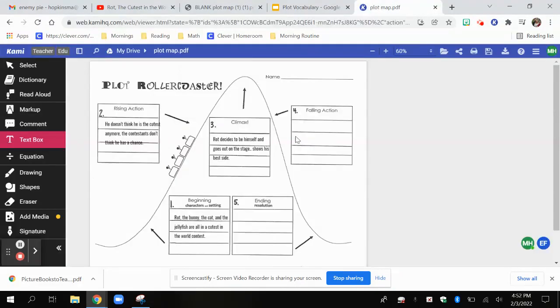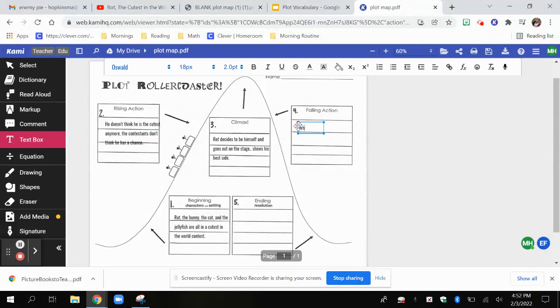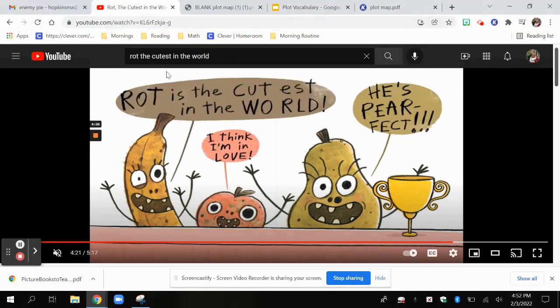Yeah, it starts to get solved when the judges think that he is the cutest, when the judges start to say those nice things about him. They say things like, Rot is the cutest in the world. I think I'm in love. And he's perfect. So that's our falling action.